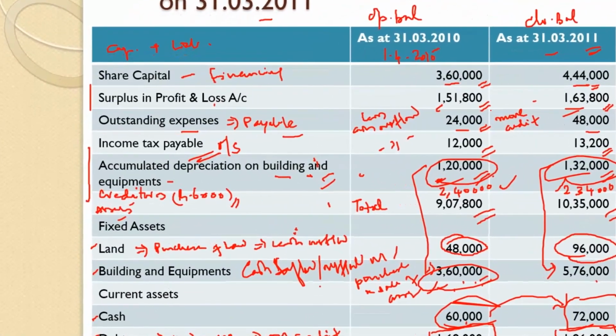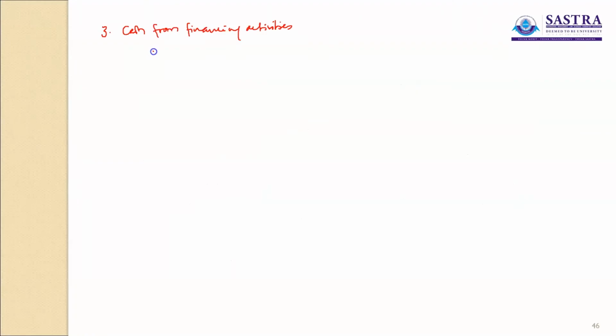That means the company has issued shares, one of the sources from which the firm has raised finance, rupees 84,000. 4,44,000 is the closing balance and 3,60,000 at the beginning. So the difference we have just taken as a cash inflow.